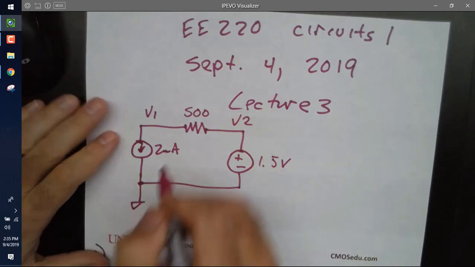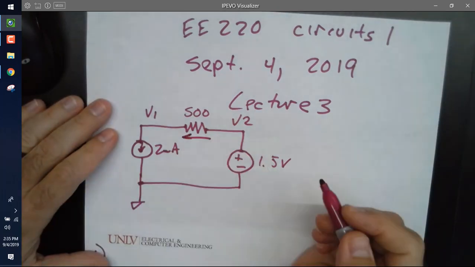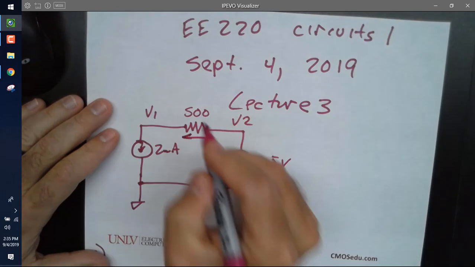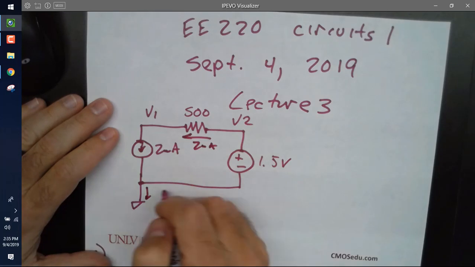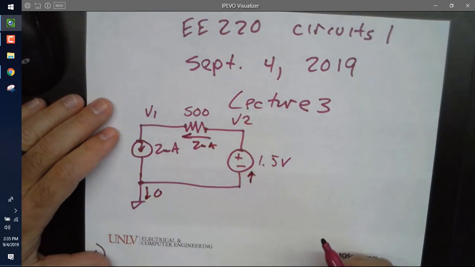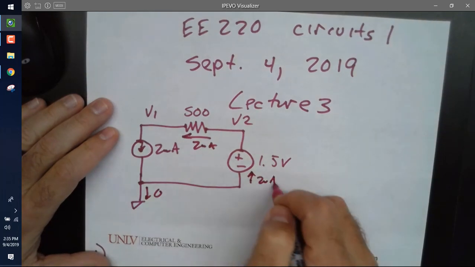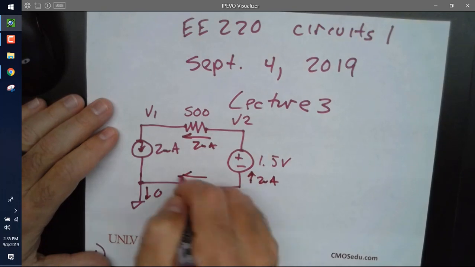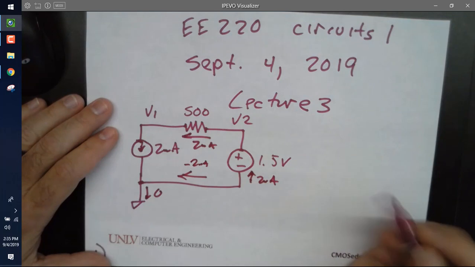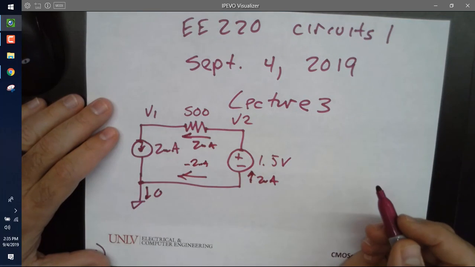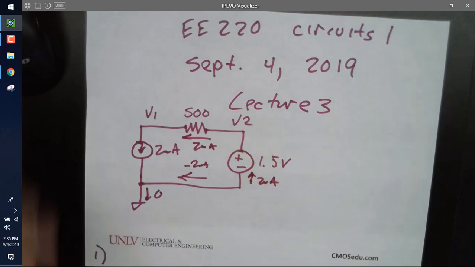All right? So if I ask you, what's the current flowing there like that? 2 milliamps. If I ask, what's the current flowing down there? 0. If I ask, what's the current flowing like that? 2 milliamps. If I ask, what's the current flowing like that? Minus 2 milliamps. Everybody follow? Any questions on that?